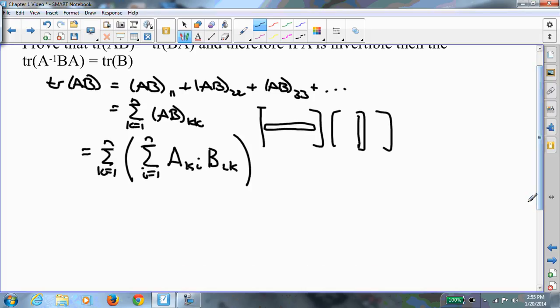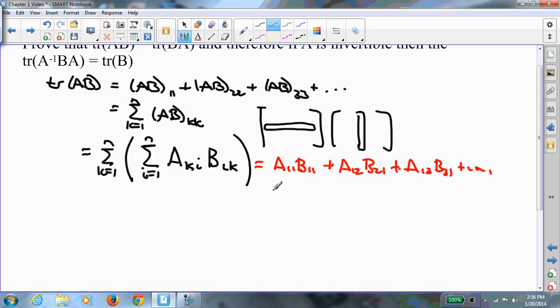Now I want to write out some of these elements so you see my next step. If I were to write out some of these elements, it would look like the following. Let's start with k equals 1, and then I go along all the i's. So it would be A11, B11, and then I'm moving along the i, so that'll be A12, B21, A13, B31, and so on and so forth.